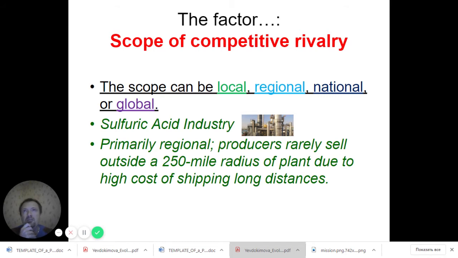Let's take an example. Usually any service has a local scope of competition.